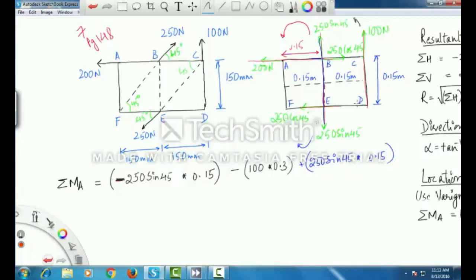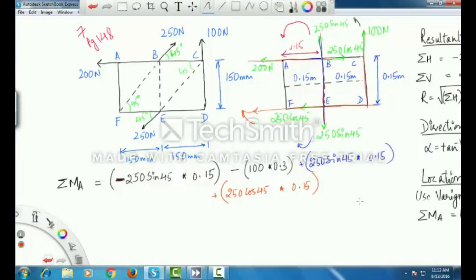The next is this one. Let's draw it: this is your force, just extend the line. This is the perpendicular distance from A, so that is 0.15. In which direction? In this direction, which is clockwise. So positive 250 cos 45 multiplied by 0.15.